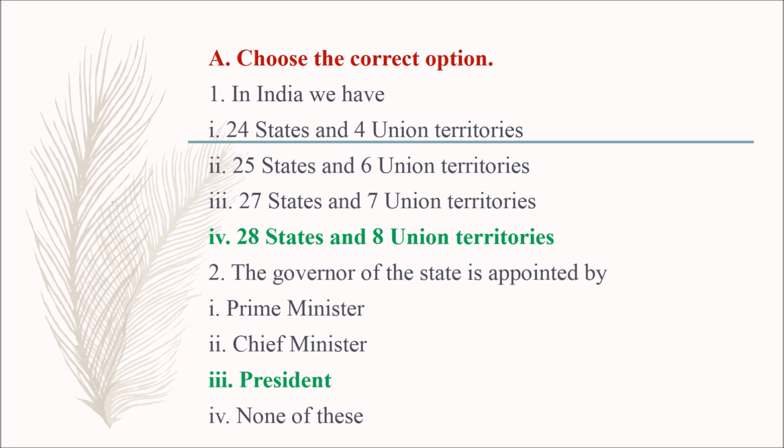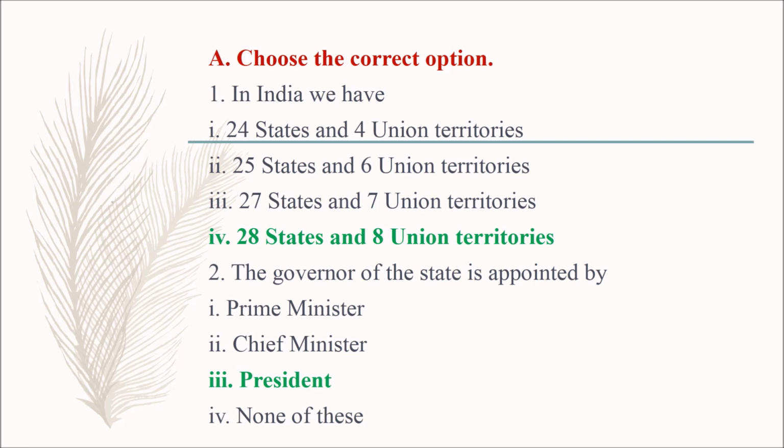Section A. Choose the correct option. Question number 1. In India, we have option 1, 24 states and 4 union territories. Option 2, 25 states and 6 union territories. Option 3, 27 states and 7 union territories. Option 4, 28 states and 8 union territories.